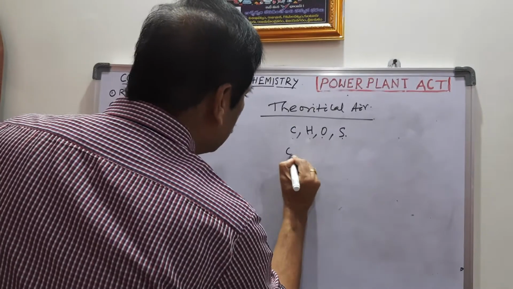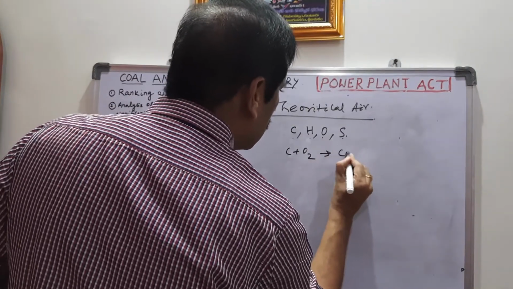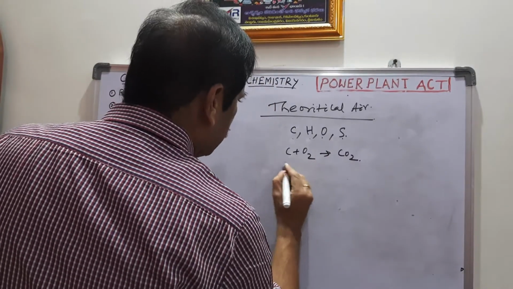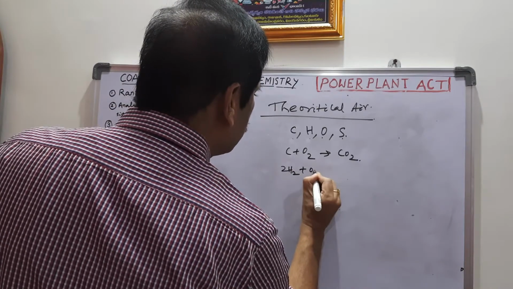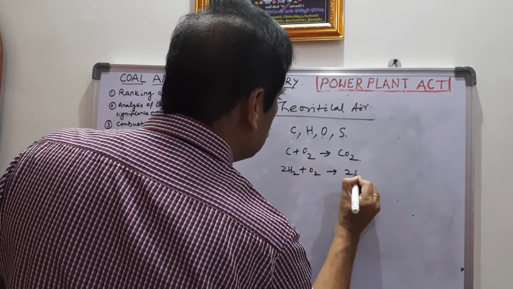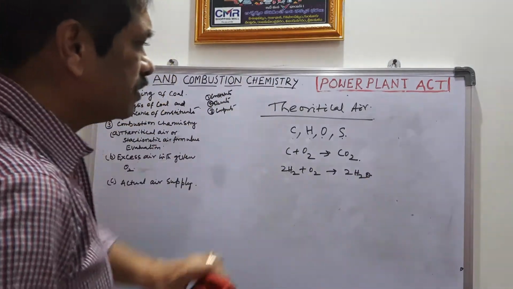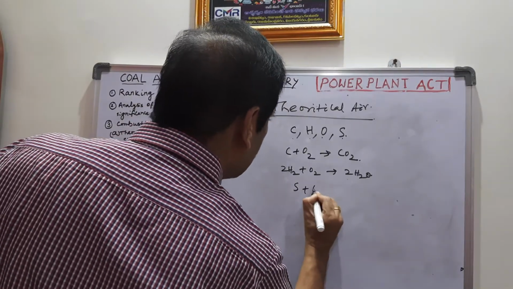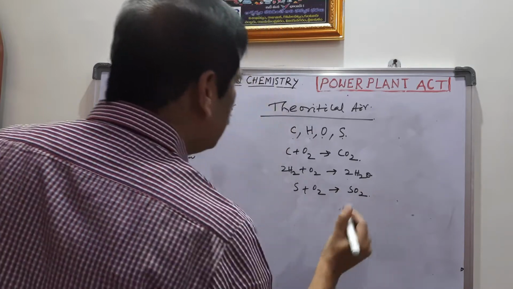When carbon comes in contact with oxygen, this forms carbon dioxide. Same thing when hydrogen comes in contact with oxygen, this becomes 2H2O. 2H2 plus O2 becomes 2H2O. Then when sulfur comes in contact with oxygen, this becomes sulfur dioxide.